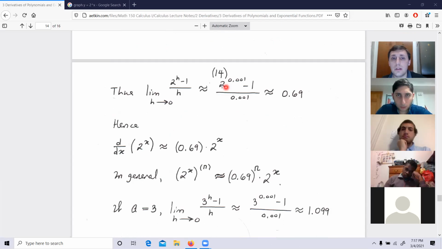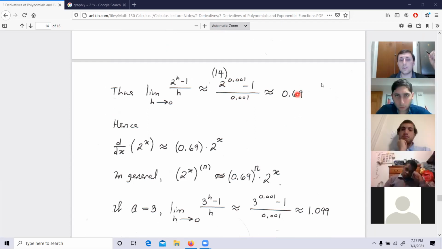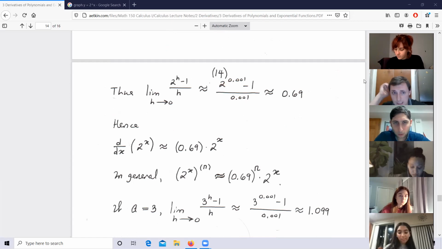So then I calculate 2 to the power of 1 over 1,000 minus 1, divided by 1 over 1,000. If you plug it into your calculator, you see that, guys? Your calculator spits out the number 0.69 about. That means that the derivative of 2 to the x is approximately 0.69 times 2 to the x, right?